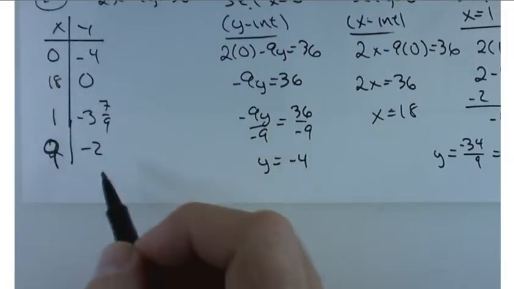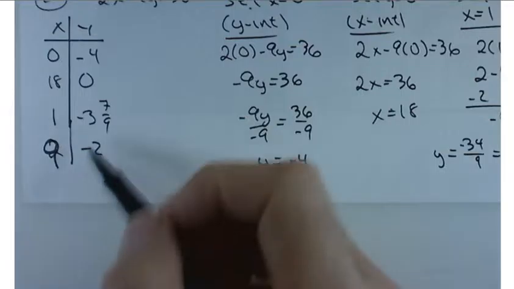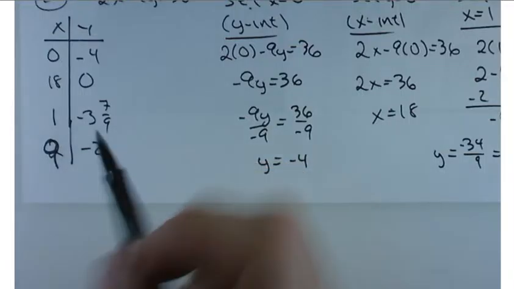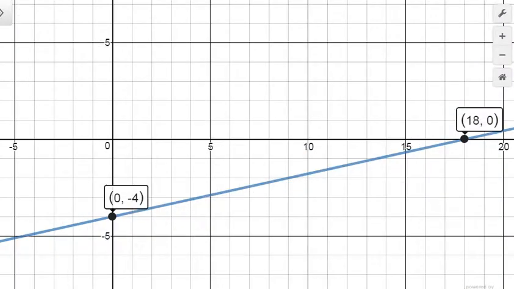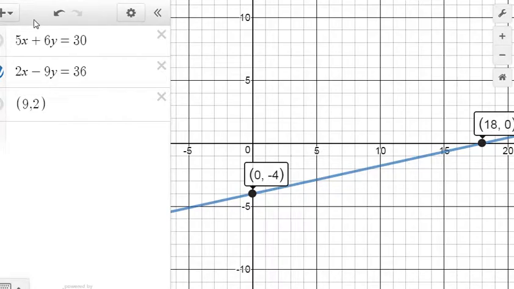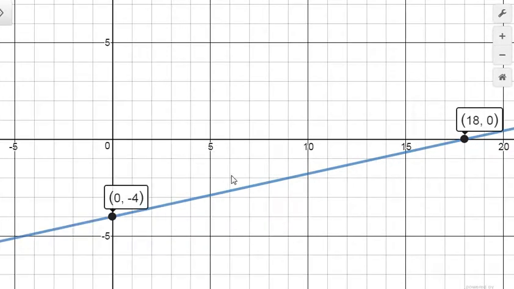But, you know, it's hard to always stumble upon these points. Let's take a look at those two and see if they fit. So at least one of them does. If you looked at 9 and negative 2, here's 9 and here's negative 2. So it seems to fit pretty well on that line.